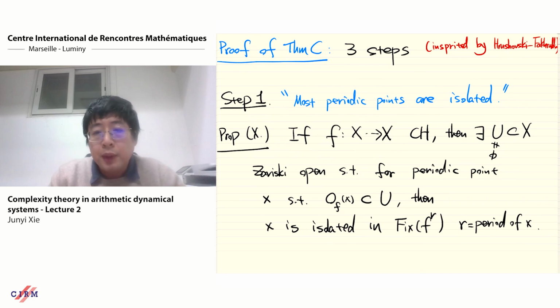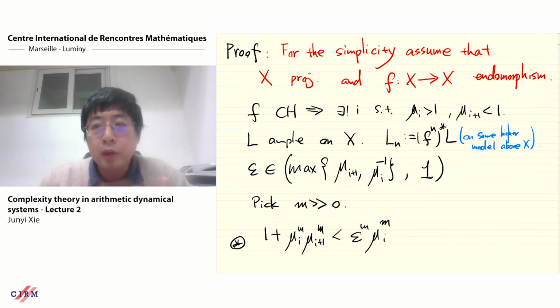This proposition just says that we have a Zariski open subset U such that if you have some r-periodic point whose whole period is contained in U, then this component is irreducible. This component is of zero dimension. Okay, so now we give the proof.